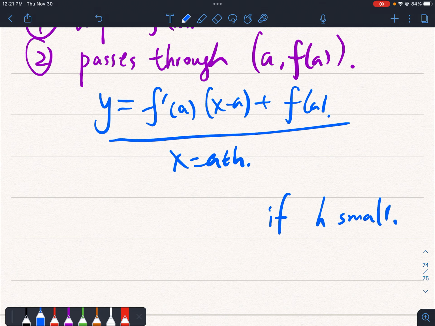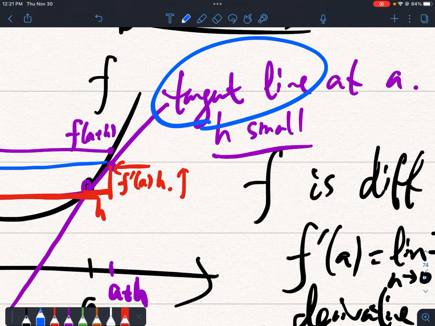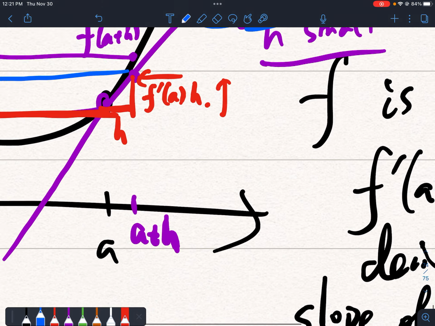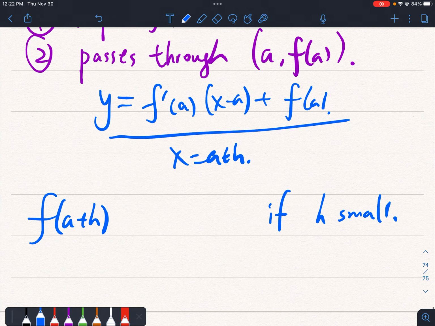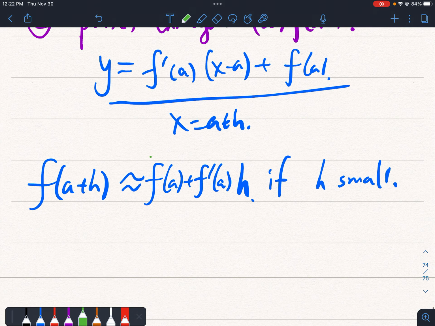Which means if h is small, or let's say the absolute value of h is less than some very small number, then f of A plus h, the value at this point of the original function, should be very close to the value on the tangent line at this point, when x equals A plus h, right? So f of A plus h is approximately f of A plus f prime of A times h.